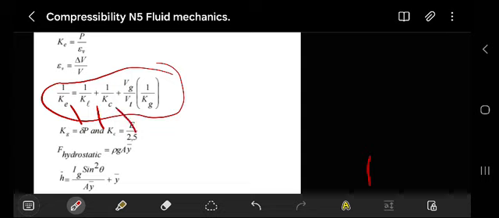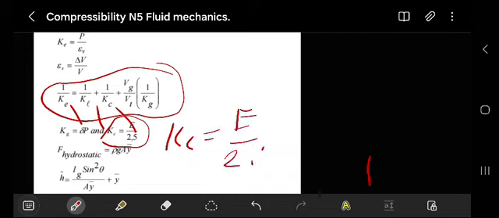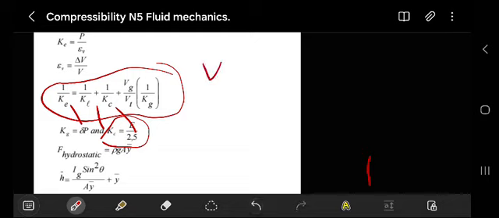You must know KC, it has a formula: KC is equal to E over 2.5 as always, unless they stated otherwise. And then you must know VG over VT. This is the air percent, but you must write it as a fraction.